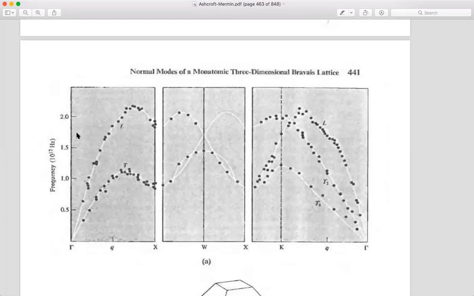So this intermediate temperature regime is the problematic case. Now we'll attempt to treat that regime. How do you calculate specific heat in the intermediate temperature regime?